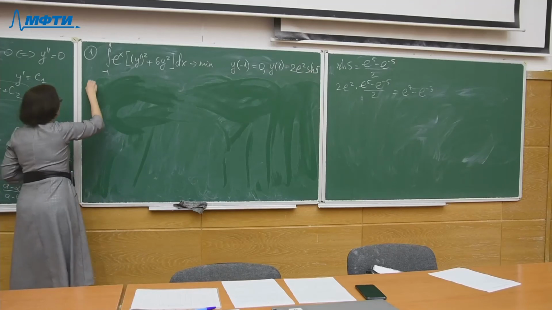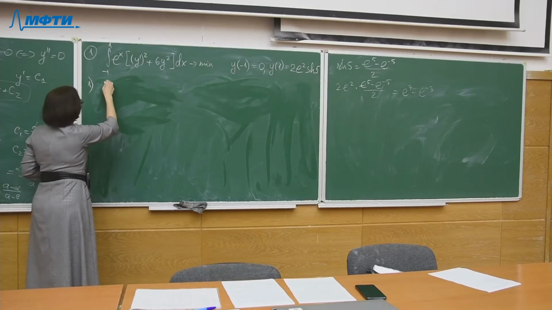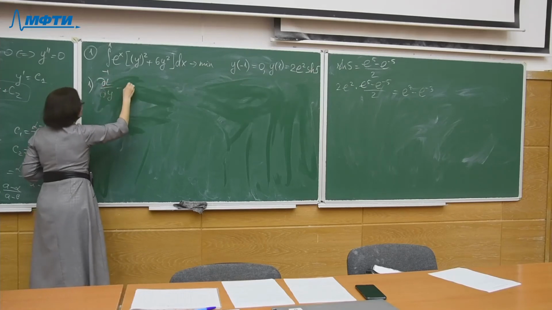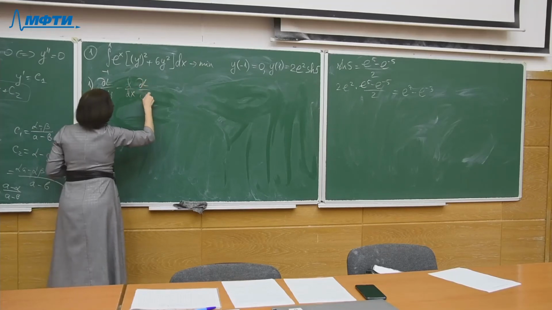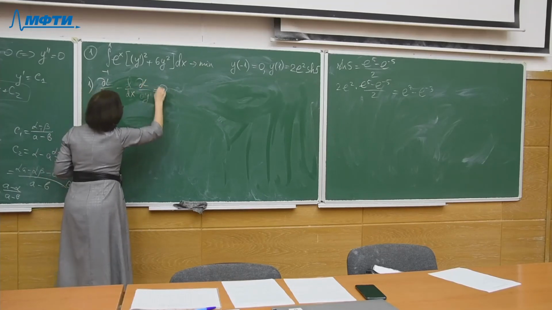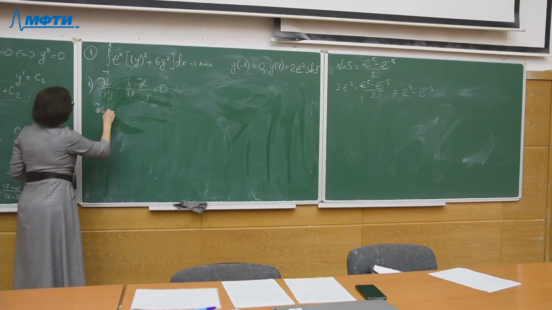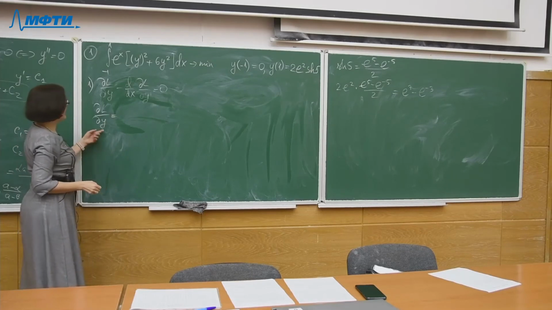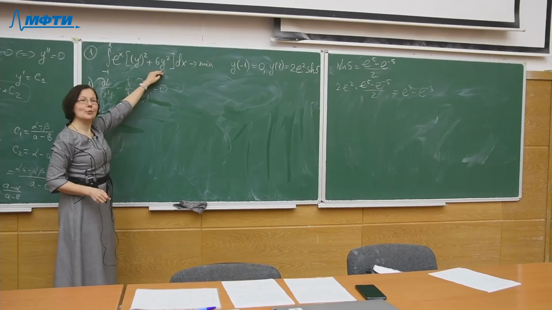So we will start with the Lagrange equations. They look like dL over dy minus d over dx of dL over dy prime equals 0. So we will start with this. First of all, we will need dL over dy. How do we differentiate this with respect to y?